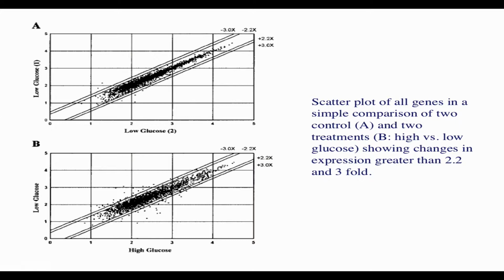What that represents are measurements that are really below the accurate detection level of the system. So, you measure 4 fluorescence units one time, and you measure 2 fluorescence units another time, and that's a twofold change.